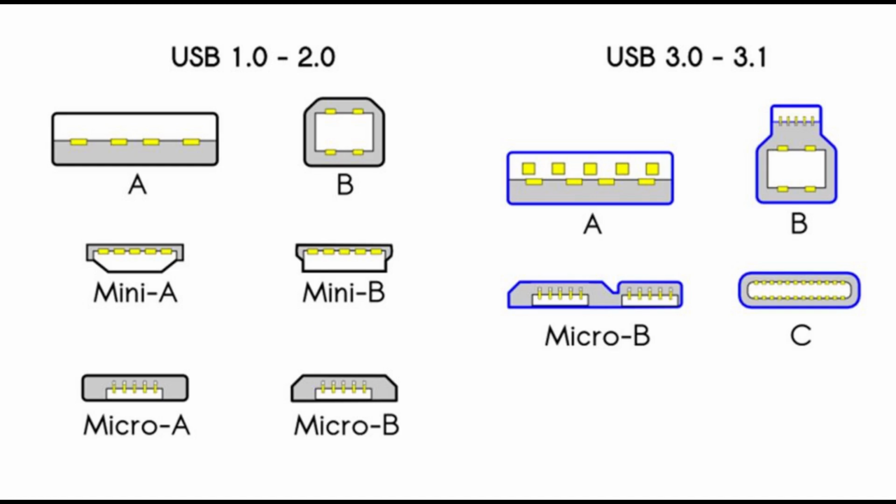USB 3.0 also introduced the USB Attached SCSI Protocol, UASP, which provides generally faster transfer speeds than the bulk-only transfer protocol. USB 3.1, released in July 2013, has two variants.